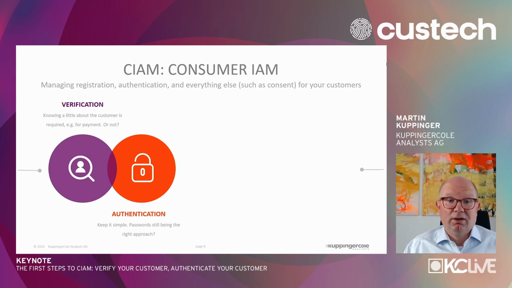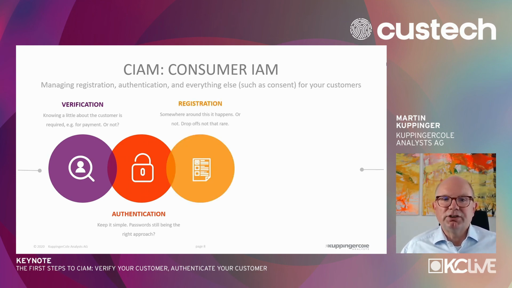And authentication, as I've said, passwords, yes, you might need them for the downstream solutions for the ones who still want to stick with passwords, but think about what can you do better than passwords? What can you offer in addition to passwords? And maybe also in addition to passwords and Facebook logins, because again, that might be not enough. So think about better ways to do it. Registration at some point might happen or not.